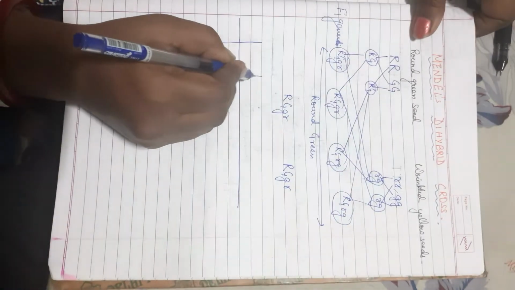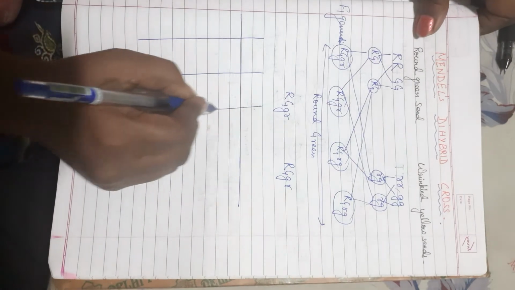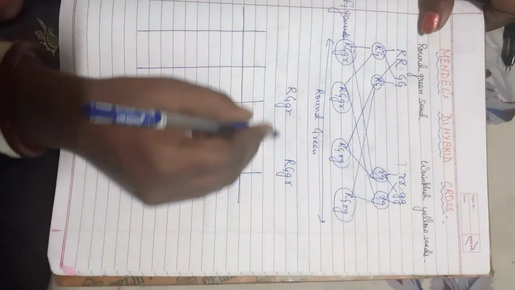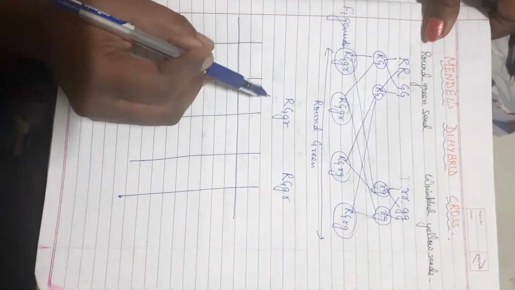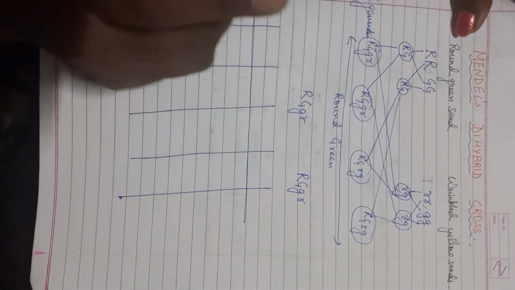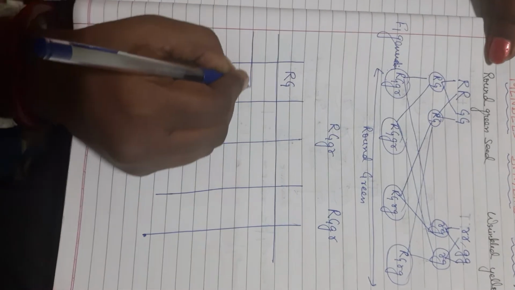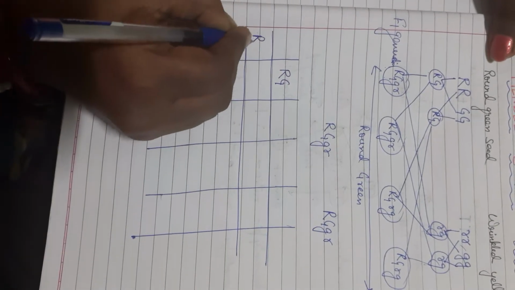Through this square, we can represent the characters very nicely. Now, how will you choose the characters? You have to take one character from here and another character, the opposite one. First, let us take both the dominant ones, that is capital R and capital G.